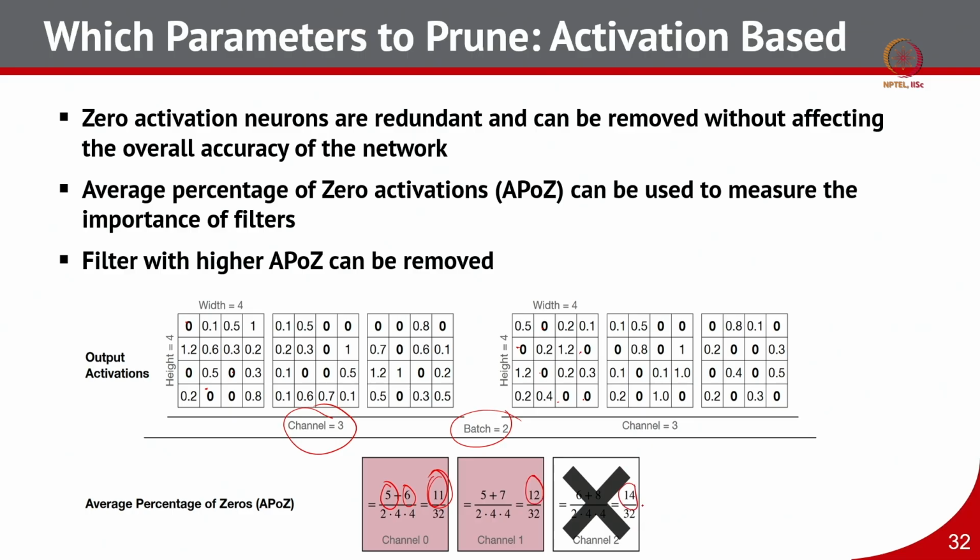As you can see, there are more zeros in channel 2, so we can prune it. We do not need channel 2, and channel 2 is coming from filter 2 of the convolutional layer. So we can remove this filter 2, that is structured pruning, right. Computing the average percentage of zero activations is one of the simpler techniques to perform pruning.